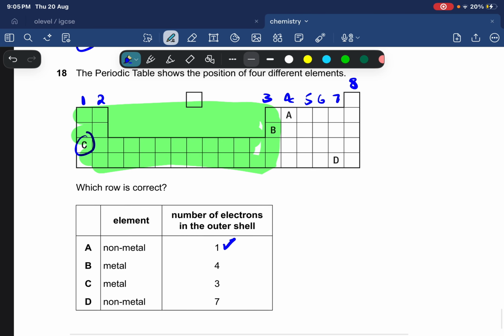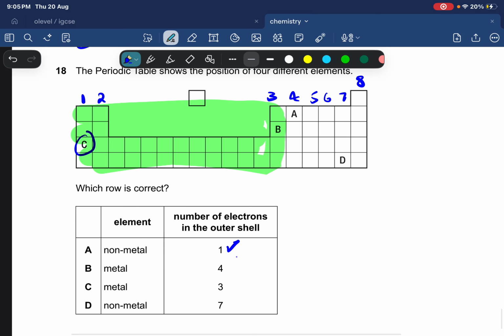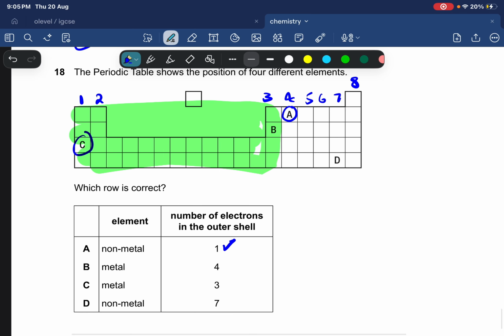The periodic table shows the position of 4 different elements. So they're saying A is a non-metal and it has 1 electron. No, A is going to be a non-metal but it has 4 electrons, right? So A is going to be carbon, I can see. B is a metal but it's not going to have 4 electrons. B is going to have 3 electrons. So incorrect. C is going to be a metal. Yeah, it's going to be metal and it's going to have 3, no, 1. C is going to have 1 electron.